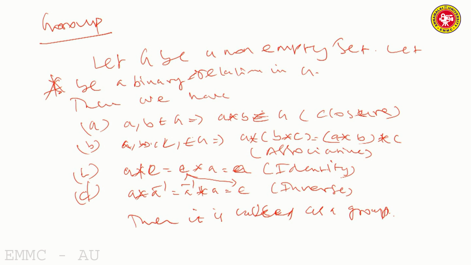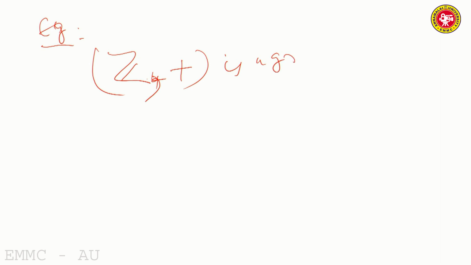Okay, let G be a non-empty set. Let star be a binary relation in G. Then we say that G is a group if it satisfies the above four properties. Now we give an example. The set of all integers with respect to addition is a group.